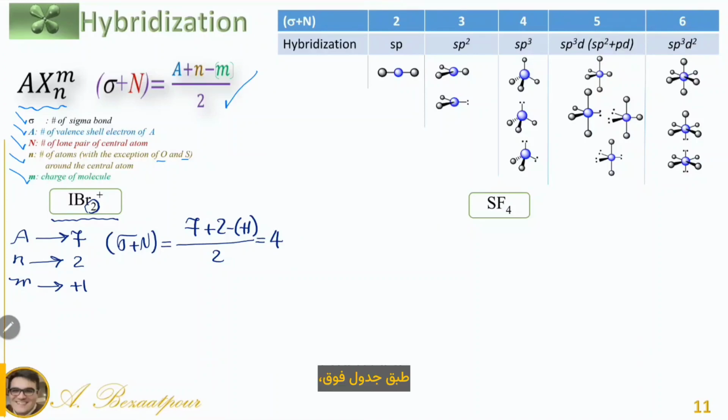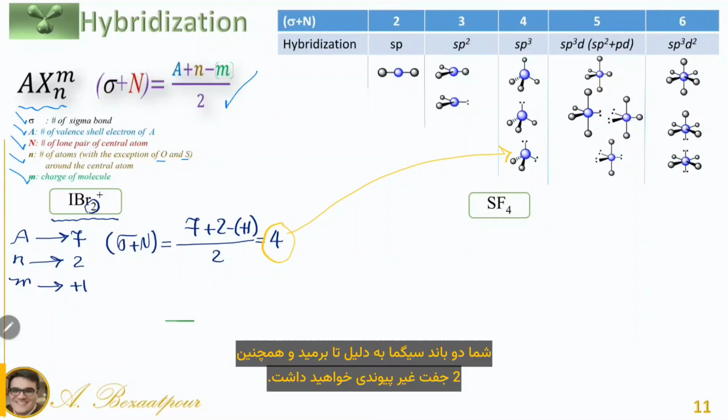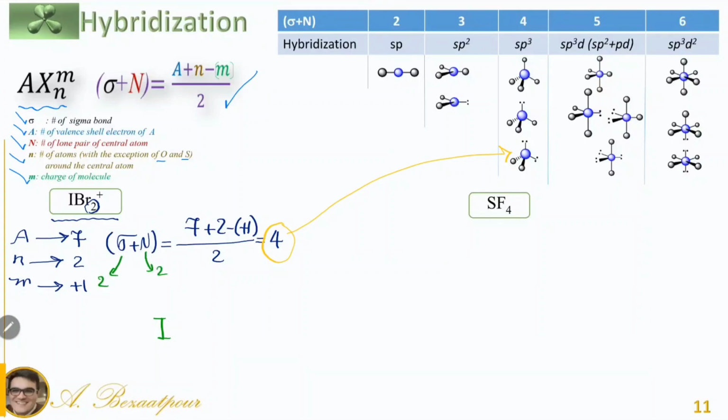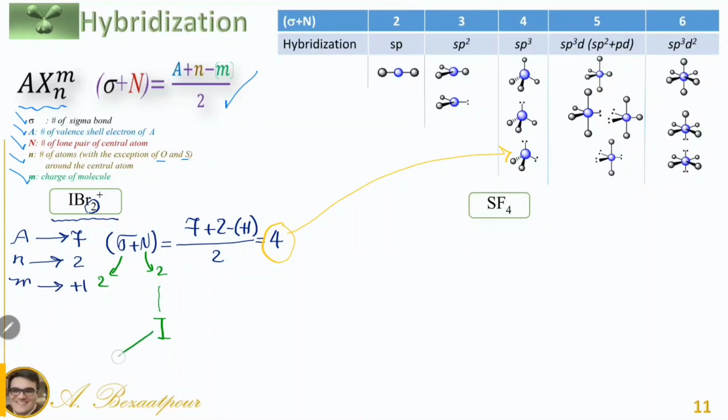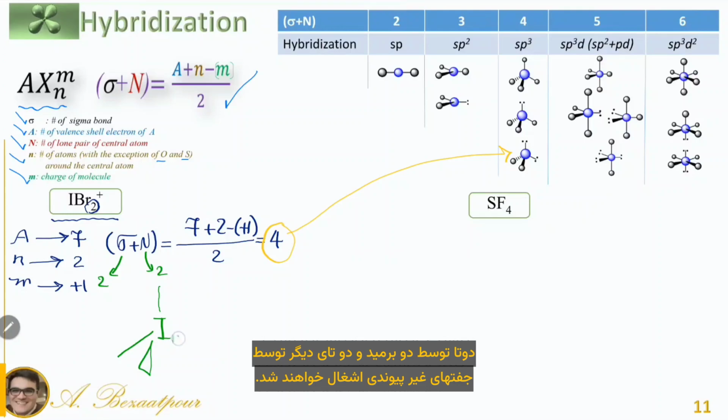According to the above table, the number 4 corresponds to sp3 hybridization. On the other hand, for this molecule, we have 2 sigma bonds because of 2 bromides and so 2 lone pairs. Of the 4 available positions in sp3 hybridization, 2 are occupied by bromides and the other 2 by lone pairs.